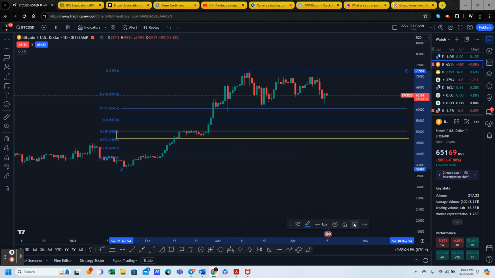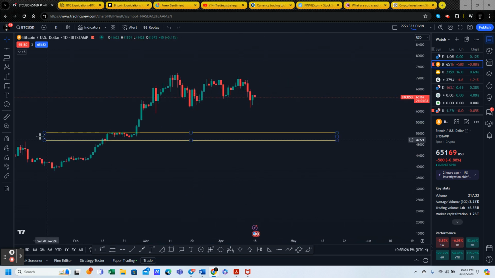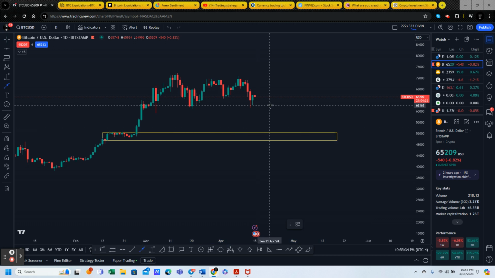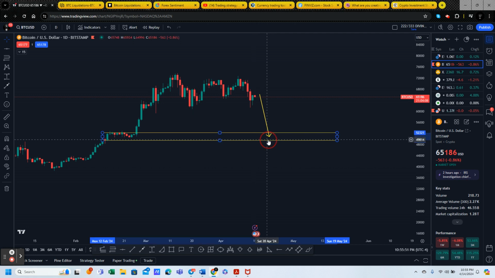This would actually be wonderful. If we can get back into this area, we definitely can see some altcoins at a wonderful price. So if you've been waiting for another opportunity, you just may get it. Just be patient and see if we can get back to these levels.